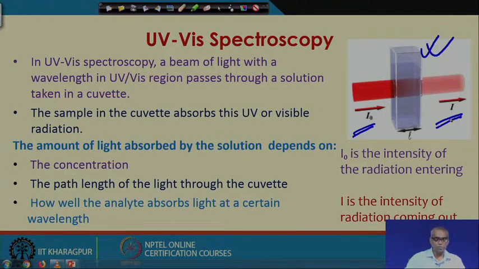They are concentration of the solution, the path length of the light through the cuvette, and how well the analyte absorbs light at a certain wavelength. Since the amount of light absorbed depends on the concentration of the solution, by measuring the absorption, I can find out the concentration of the solution.